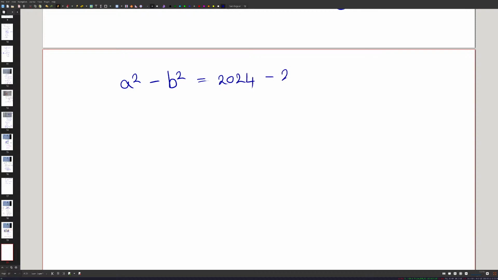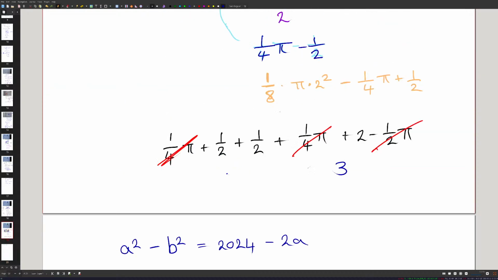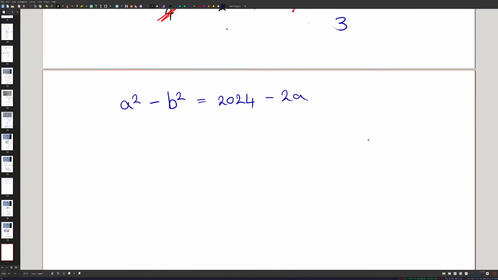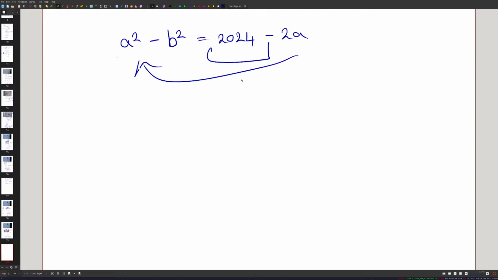Was it minus 2a? It probably doesn't even matter. Yeah. I mean, it looks like you just want to bring this across and then do difference of squares, and then you've got a factorization equals a number, and so you try all the factors. This is a plus 1 squared minus b squared is 2025 after adding 2a plus 1 to each side, which if you don't know is 45 squared.